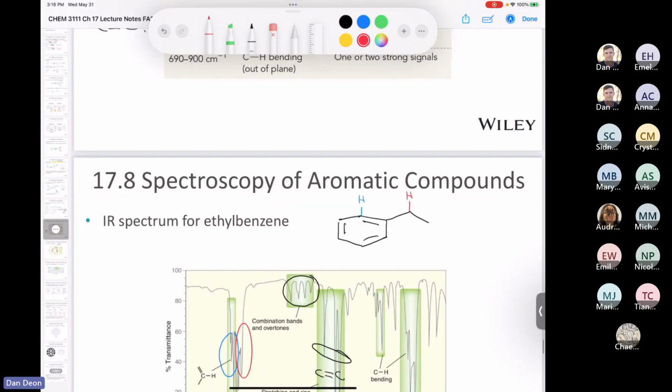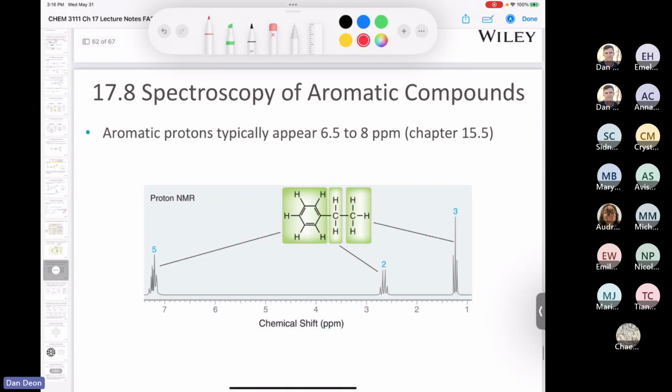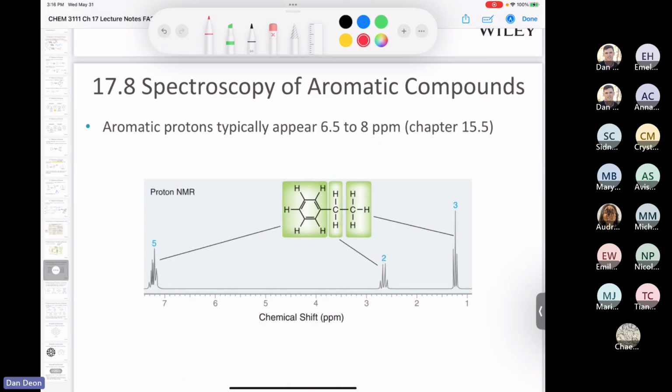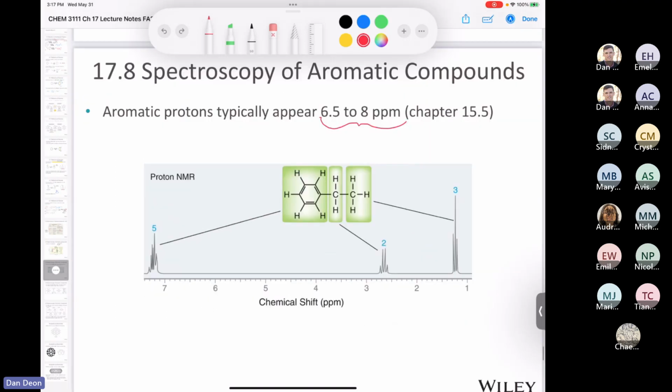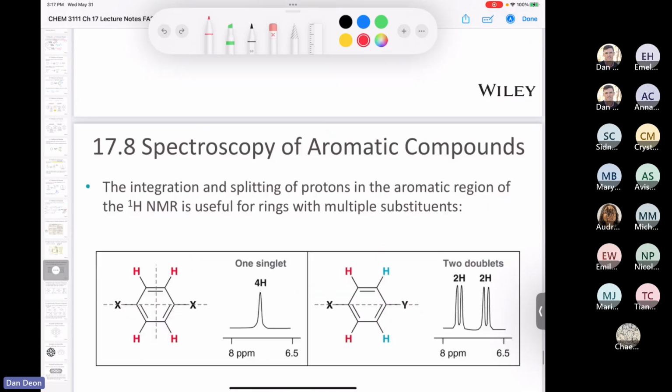And of course, if you're interested in NMR, and I know that most of you are, it's still important. If you have aromatic protons, those usually appear between 6.5 and 8 parts per million. And here we just see a whole cluster, so you would call this a multiplet of protons on your ethylbenzene. And of course, you have a quartet and a triplet here.